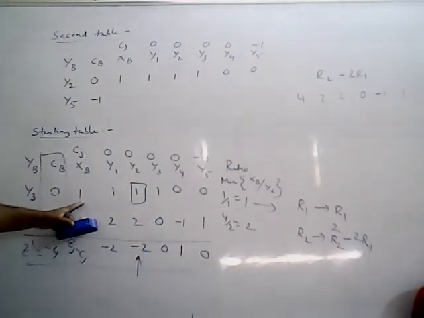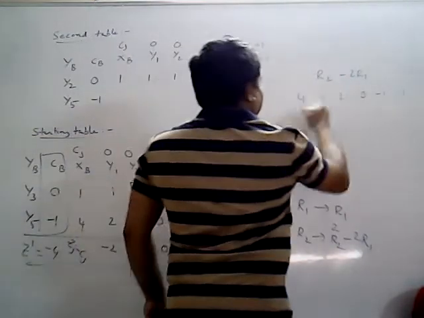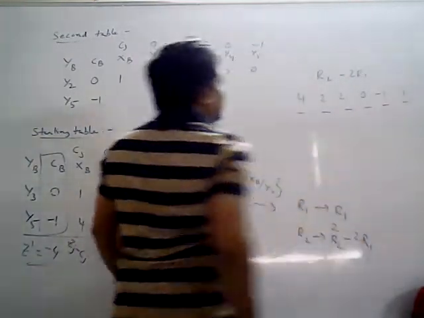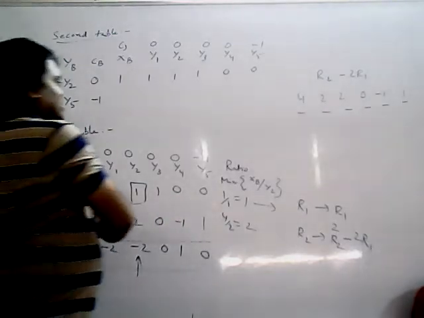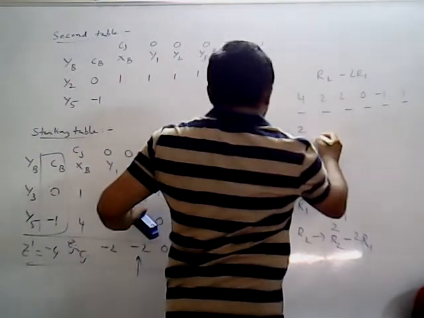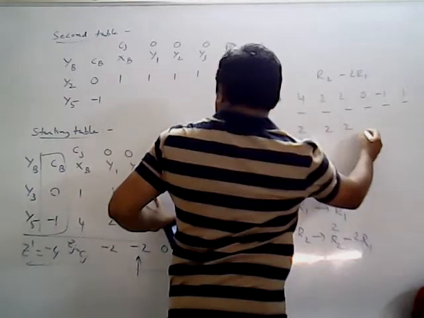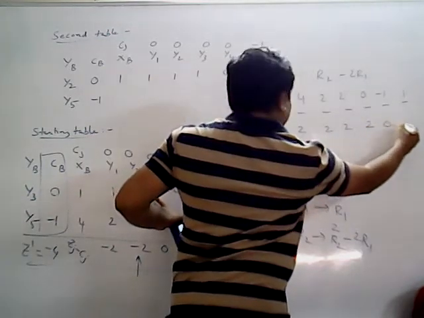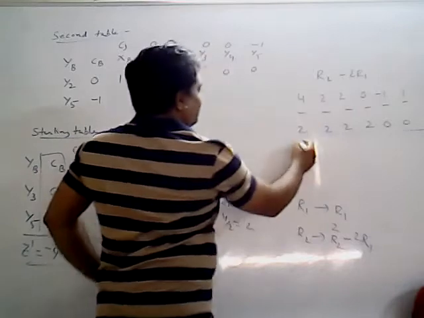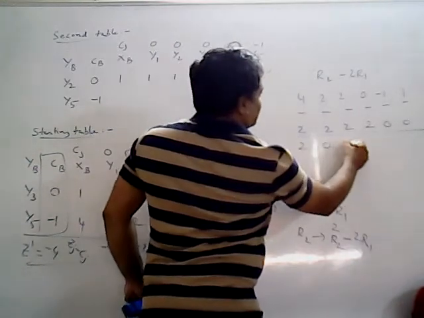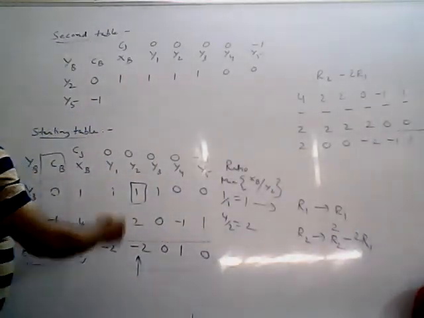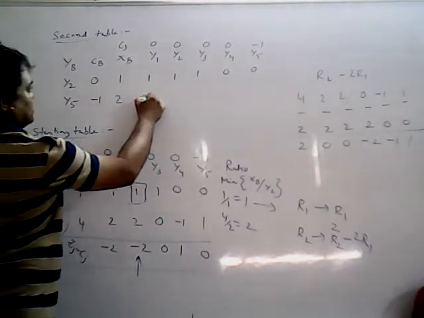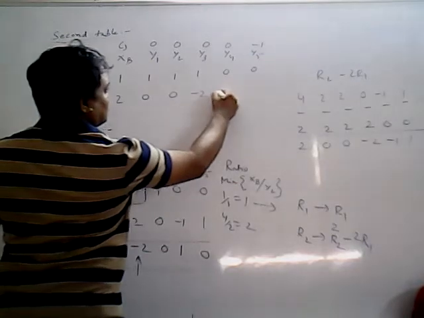In between, put minus. Next 2R1: 2 into R1, every value multiplied by 2. 2 into 1 is 2, 2 into 1 is 2, 2 into 1 is 2, then 0, 0. Now 4 minus 2 is 2, 2 minus 2 is 0, 2 minus 2 is 0, 0 minus 2 is minus 2, minus 1, 1. So for the second row, you can copy the values 2, 0, 0, minus 2, minus 1, 1.